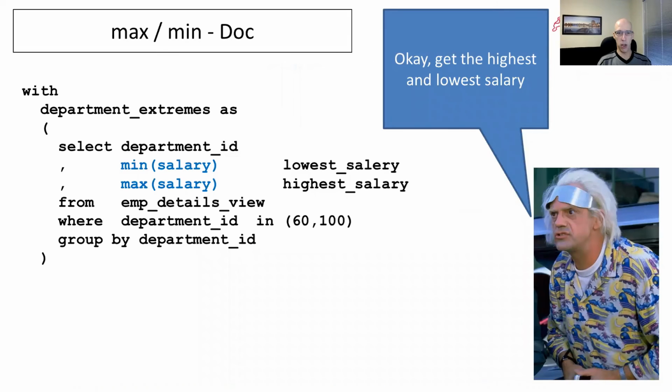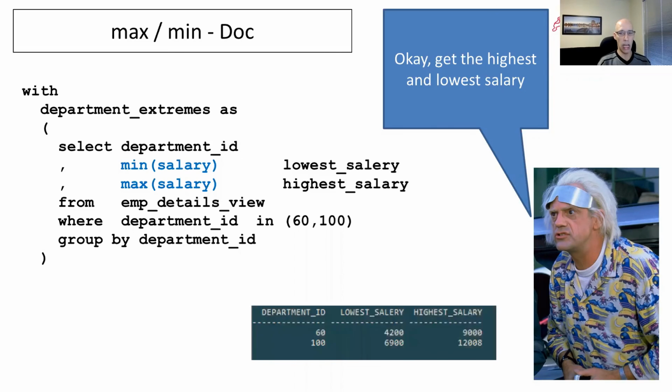Okay, so I think we did something similar before. We'll just group by the department ID, and we'll get the min and max salaries. So now we have a list of departments with the minimum salary and the maximum salary. We'll have this in a with clause, so we have a department extremes view, quote unquote.